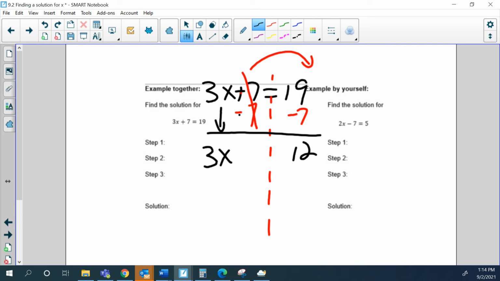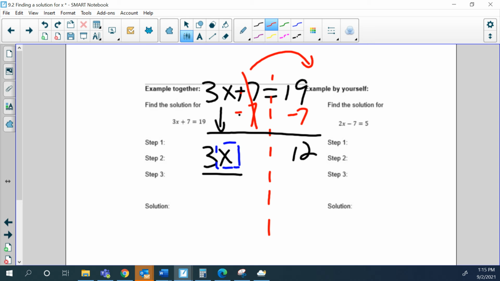I want to get x by itself. But this is 3 times x. That is a multiplicative operation. That's multiplying. How do I undo multiplying? What's the opposite of multiplying? That is division. So I'm going to divide now by 3 to get x by itself.